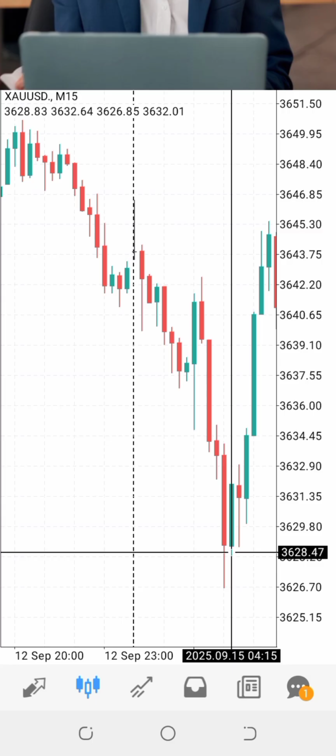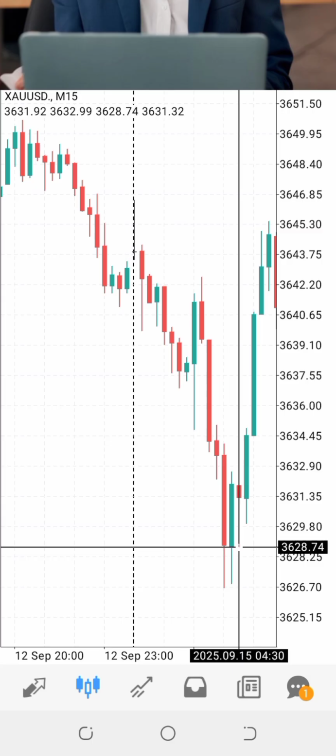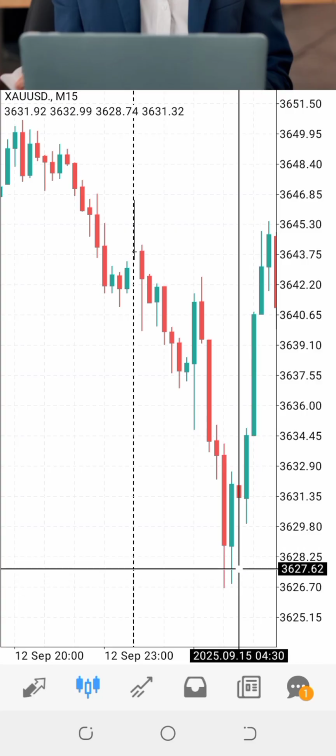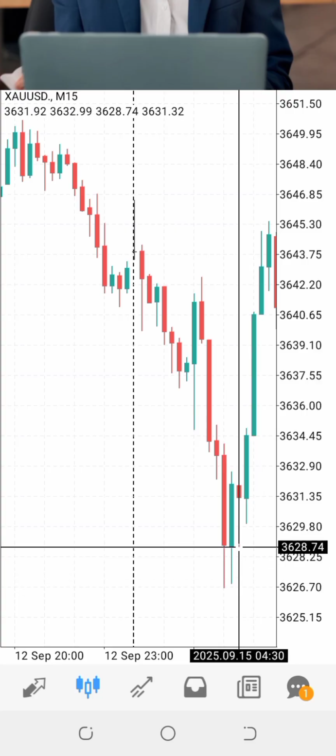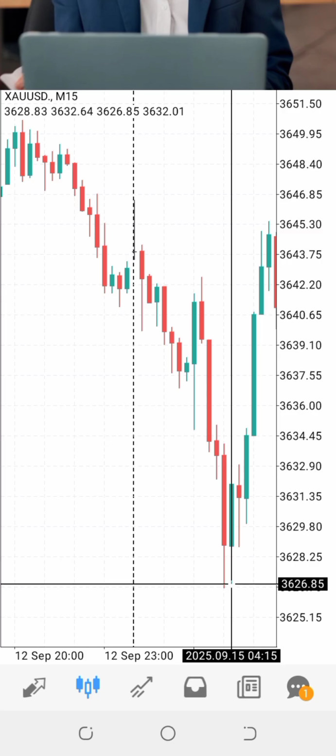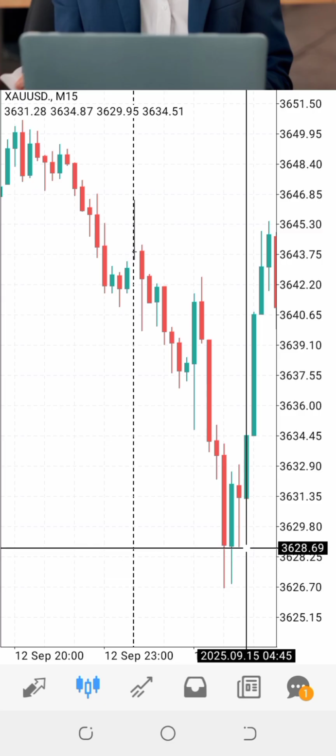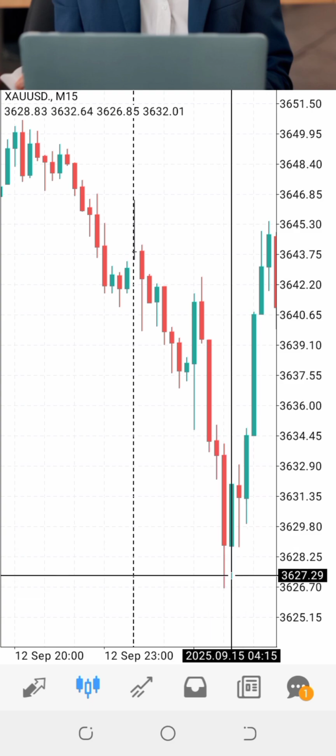Then coming back up, 3628, which will correspond with our, let's look at that, going towards our sell fib 0 10 times 5 arrow. All right, our sell fib 0 10 times 5 arrow. So staying above our sell fib 0.